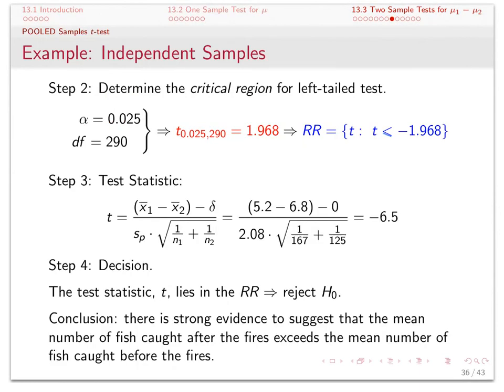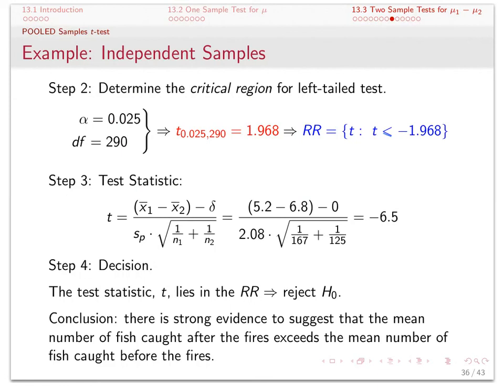Now we'll compute our test statistic. For our t-score, we look at the difference of the two sample means, subtract off the difference that's hypothesized in the null hypothesis, and divide by the product of the estimate of pooled standard deviation and the square root of the sum of the reciprocals of the sample sizes. This gives us a test statistic of negative 6.5.